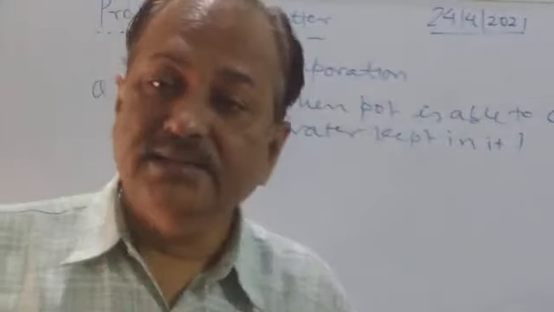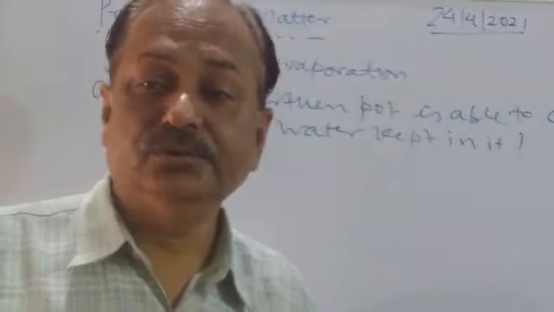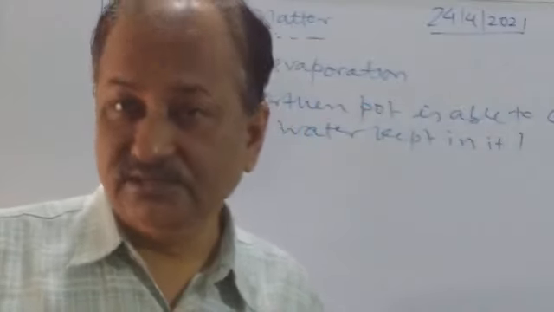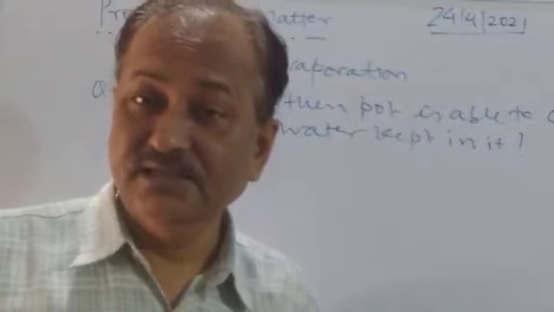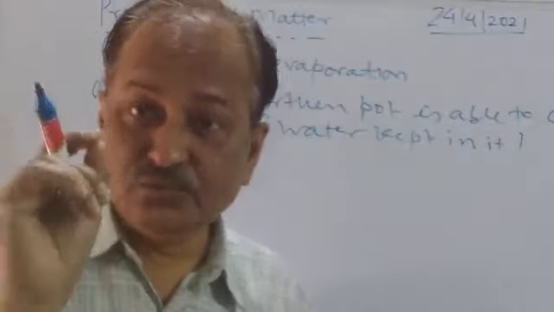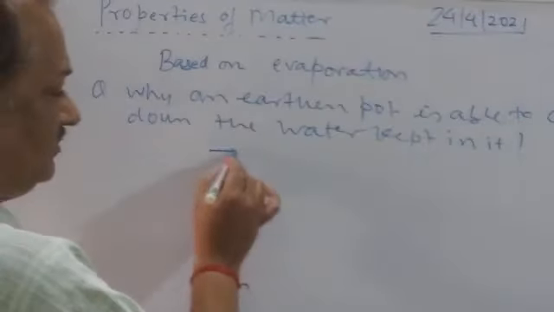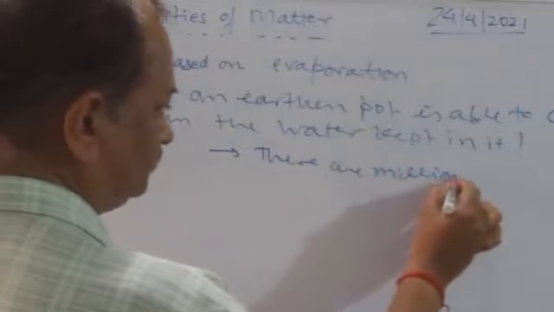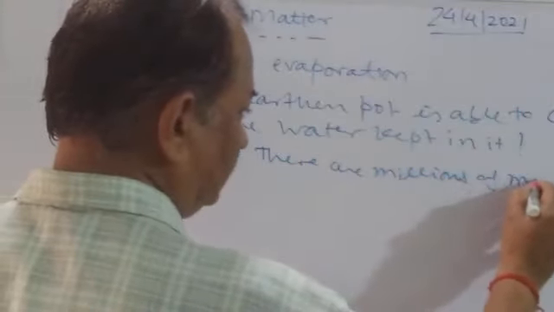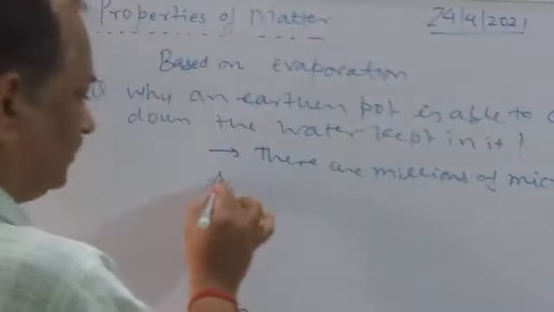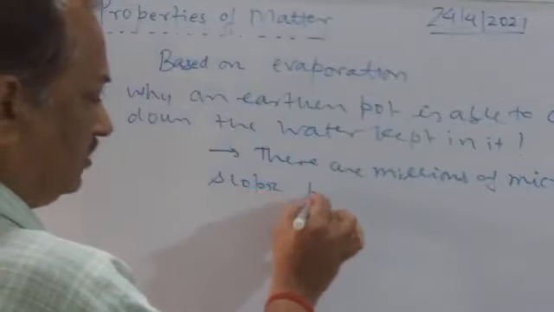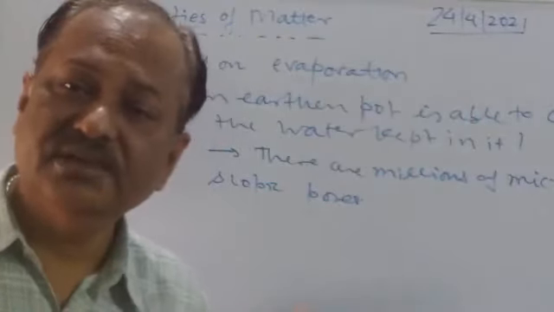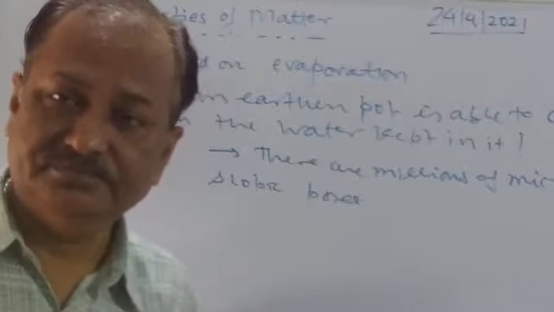Actually, there are large number of holes, rather numerous holes, millions of holes inside the earthen pots, matka, surai, etc. Millions of microscopic pores. Microscopic means very small pores. Children, these pores, these holes, we cannot see them.